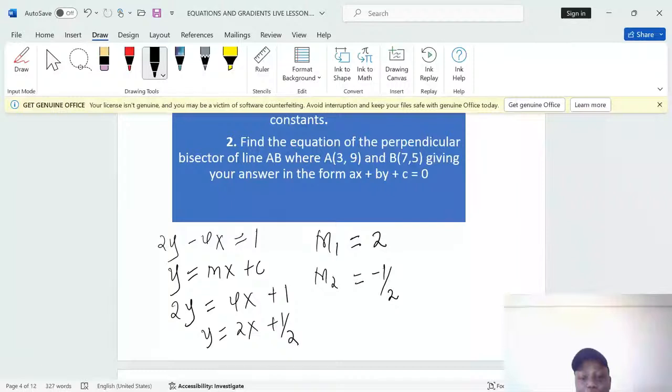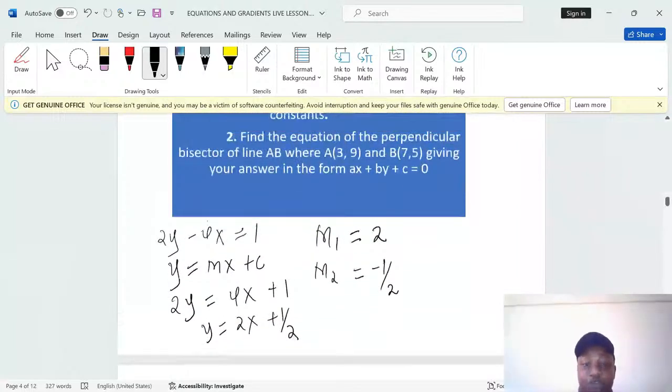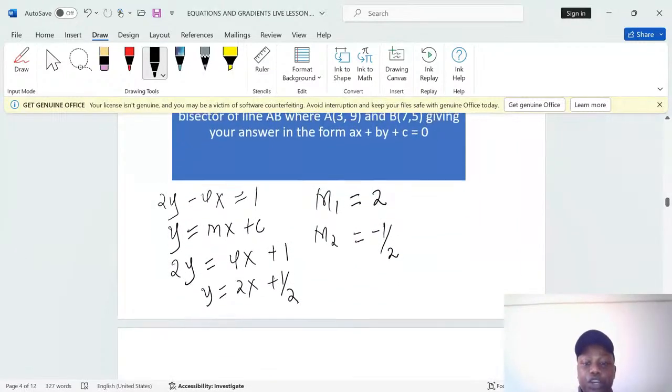When we multiply -half by 2, we get -1. So those are gradients for two lines which are perpendicular to one another.